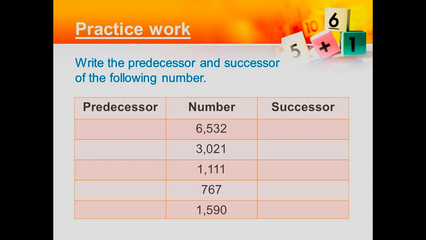Then you have a number 1,111. Then you have a number 767. Then you have a number 1590. You have to write the predecessors of these numbers and successors of these numbers. This is the practice work for you.